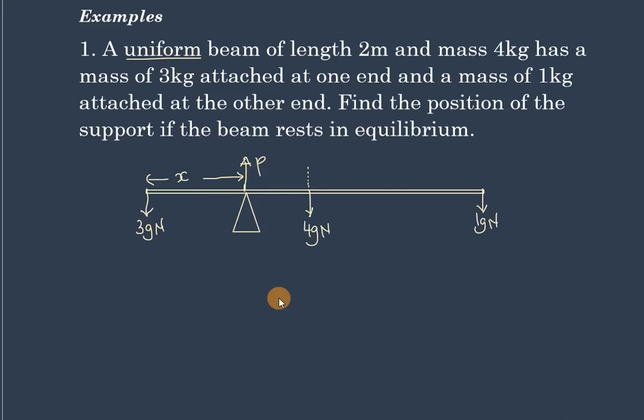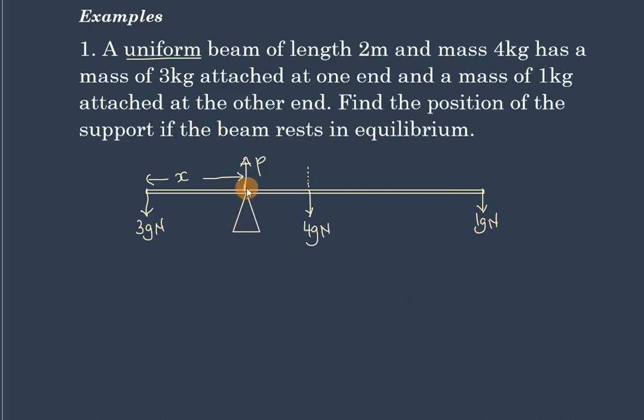So if it has the length of 2 meters, at exactly 1 meter from either side, we shall have the weight acting there. Because of this 4 kg, we have a weight 4g acting in the middle. On one side you have 3 kg giving rise to 3g newtons, and on the other side you have 1 kg giving rise to 1g newtons.